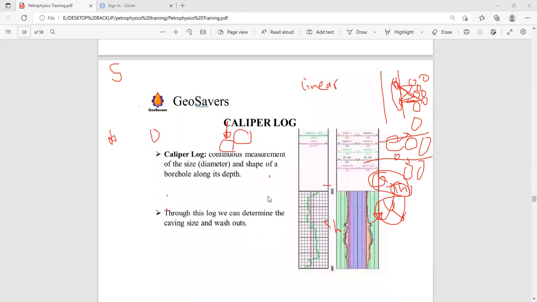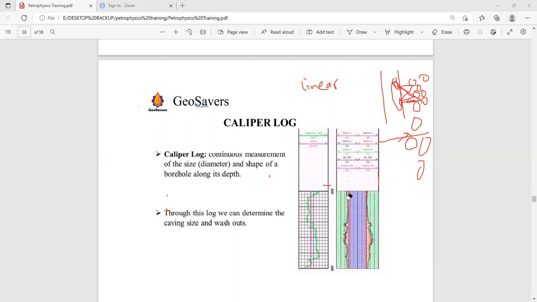All right, so the caliper is also another log that can help give you information about the lithology, because it measures the diameter of the well. It can give us a good idea about what lithology you're going to have.